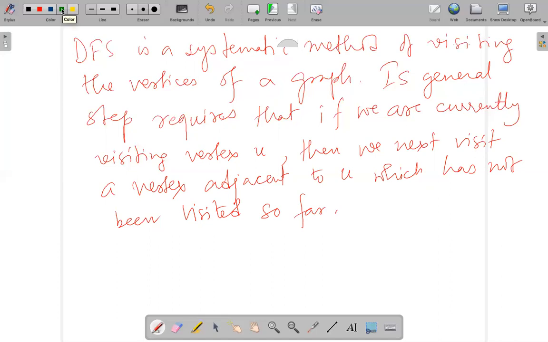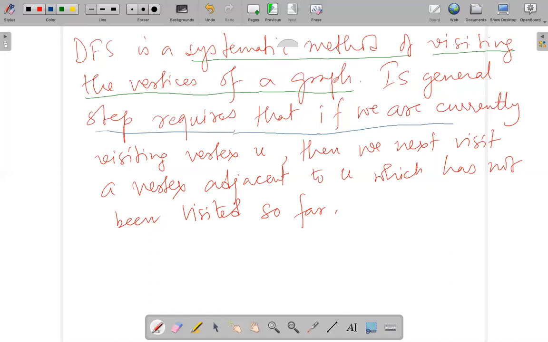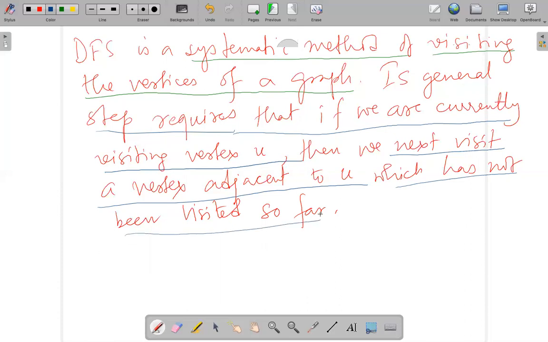Okay. First, it's a systematic method of visiting vertices of a graph. The step requires that if we are currently visiting a vertex U, then we next visit a vertex adjacent to U, which has not been visited so far.